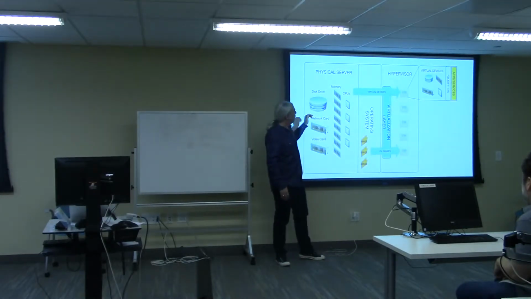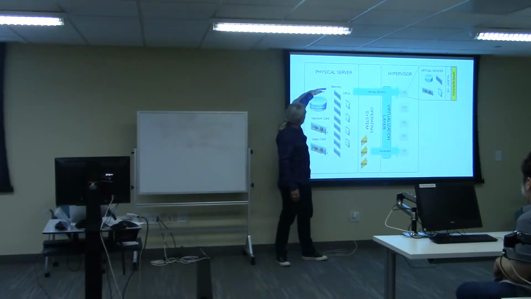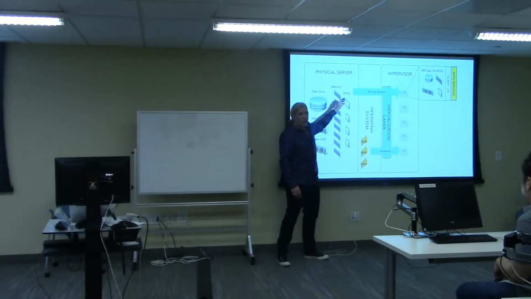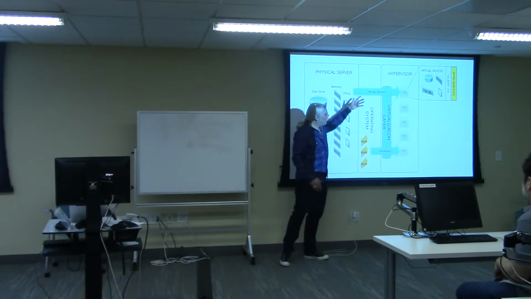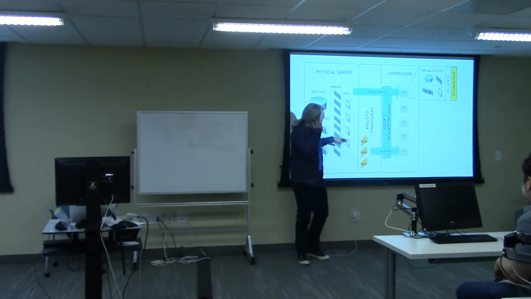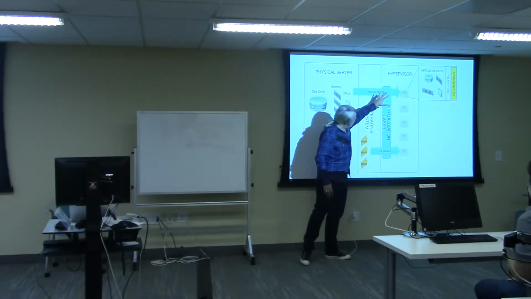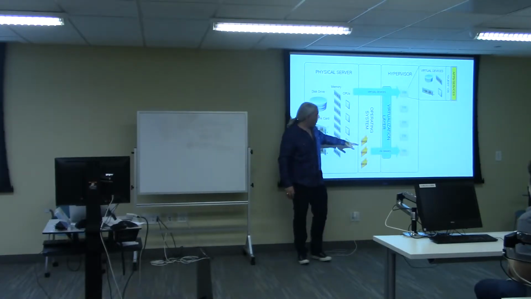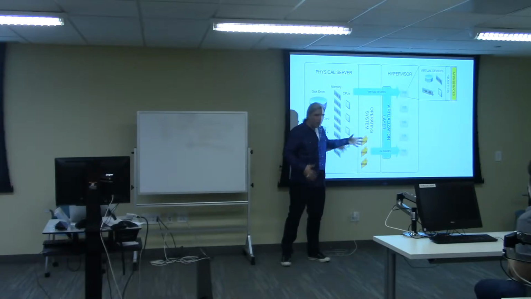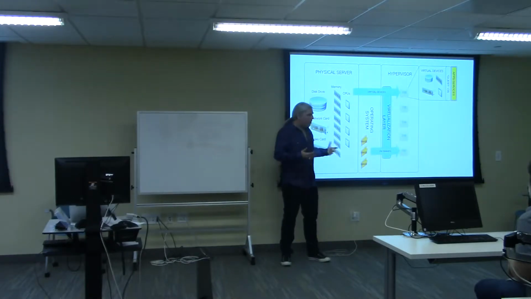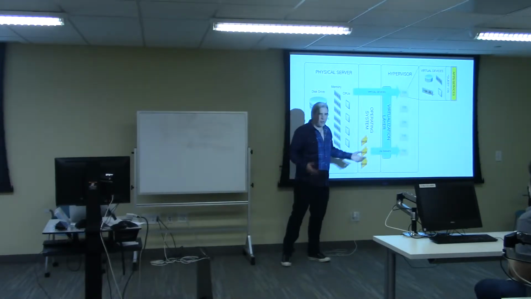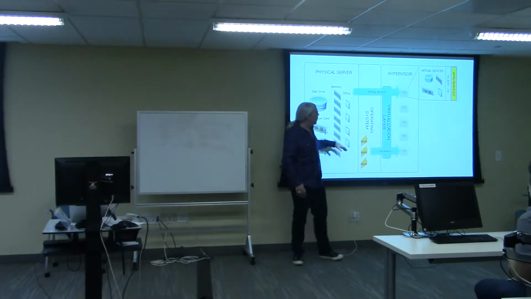And the hypervisor allows these physical devices to be partitioned, virtualized and abstracted, if you will, in such a way that they can be combined with disk images, which contain operating system configurations. Essentially this is what you would have on a physical disk drive like your laptop, for example.